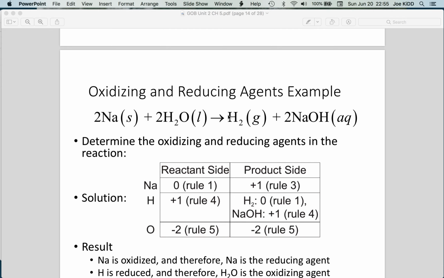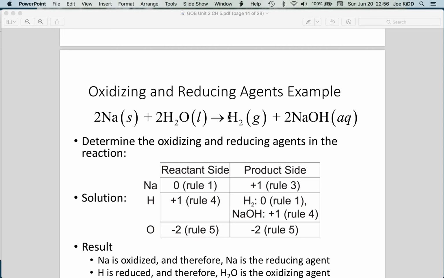So if something is the oxidizing agent, it is the thing that is being reduced. If something is the reducing agent, it is the thing that is being oxidized. I'm going to say that again. This would probably be really, really important to write down. The oxidizing agent is the thing that is being reduced. The reducing agent is the thing that is being oxidized.